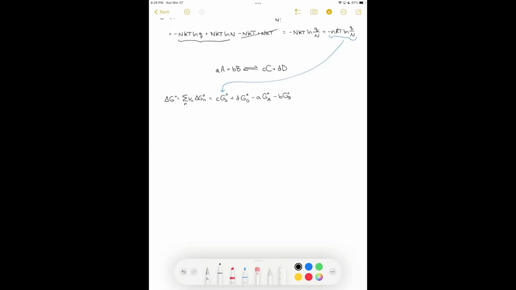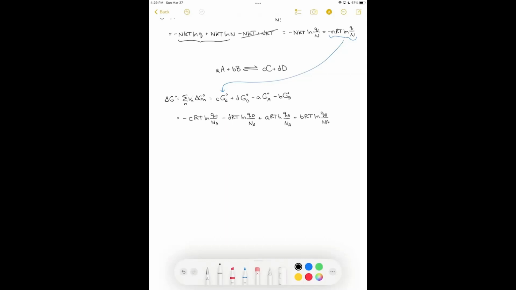So this gives us that the change in free energy is going to be equal to negative cRT natural log of Qc over Avogadro's number, minus dRT natural log Qd over Avogadro's number, plus aRT natural log of Qa over Avogadro's number, plus bRT natural log of Qb over Avogadro's number.